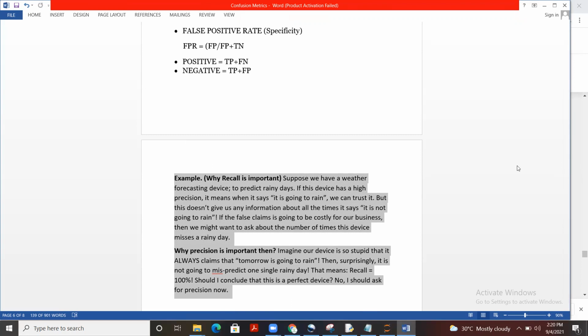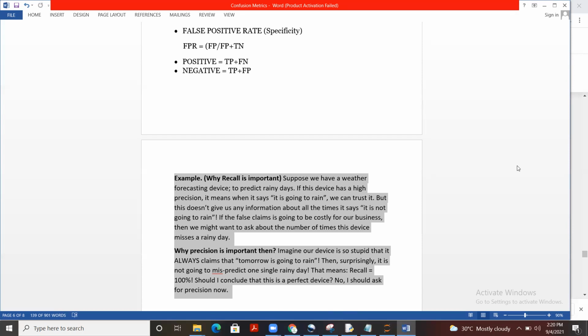If this device has a high precision, it means when it says it is going to rain, we can trust it. But this does not give us any information about all the times it says it's not going to rain. If false claims are going to be costly for our business, we might want to ask about the number of times this device misses a rainy day. That's why recall is also important.